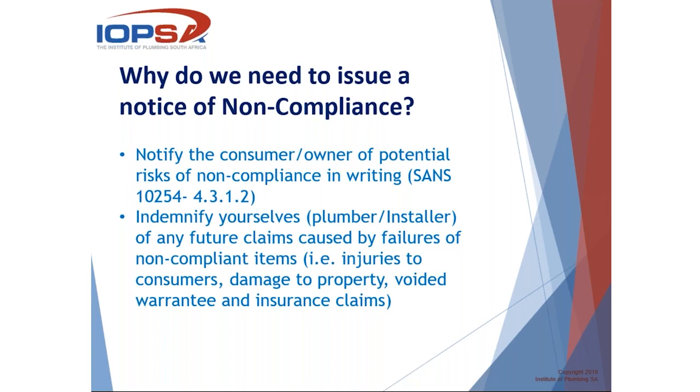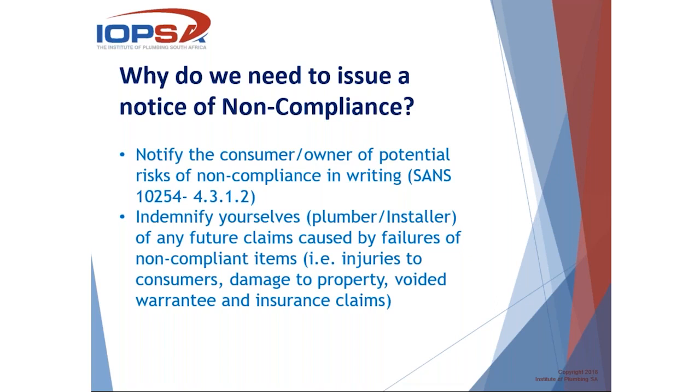And we all know that specifically when it comes to manufacturers, there is a standard installation specification in most cases regarding the manufacturer, where they say the installation must comply with the applicable SANS codes, in most instances either 10252 or 10254. So they may void a warranty claim if the installation does not comply.